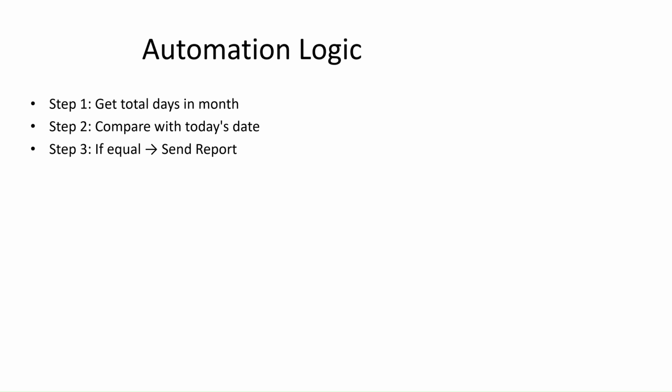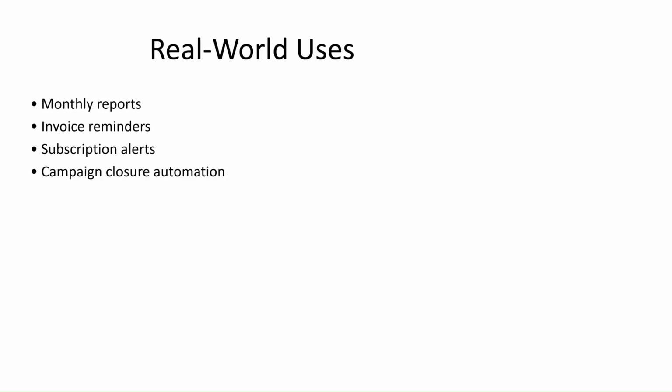Otherwise, don't send. As simple as that. That's how you will implement this kind of logic in Fusion. Some other real life use cases that we might encounter are monthly reports, as we discussed, invoice reminders, subscription alerts, and campaign closure automation.